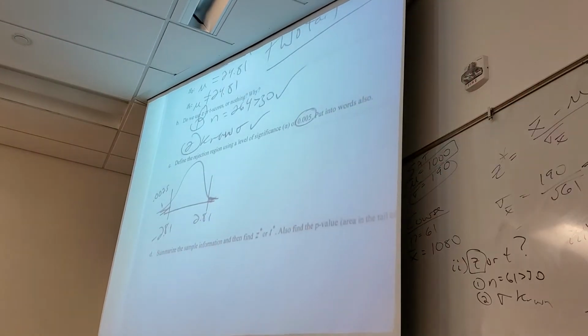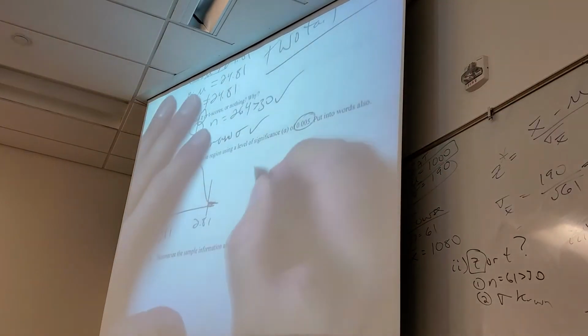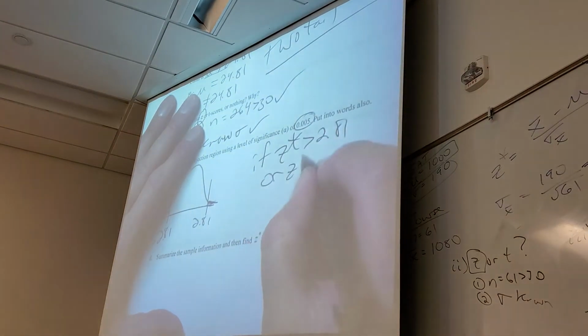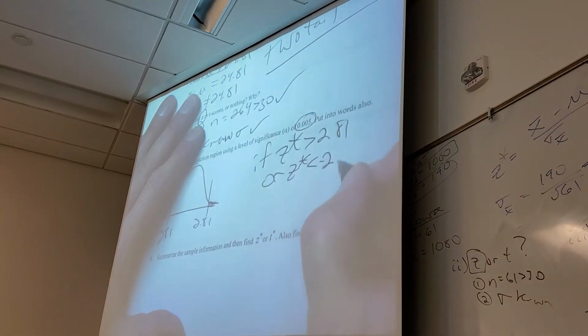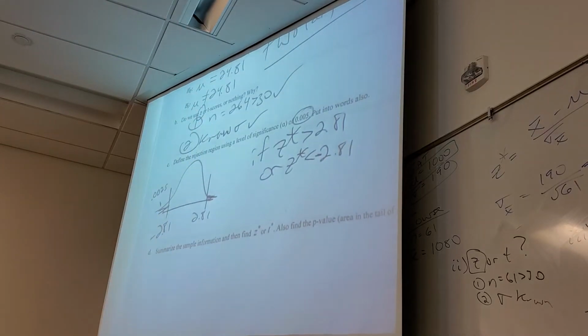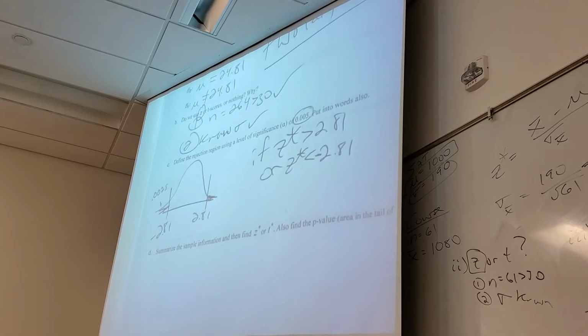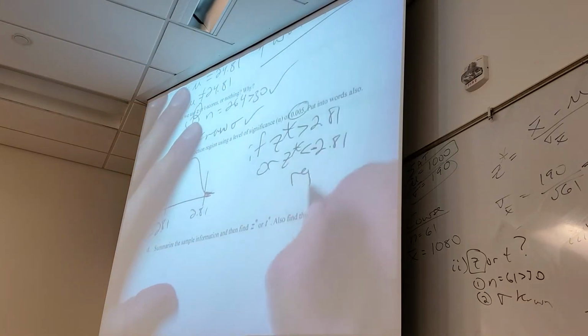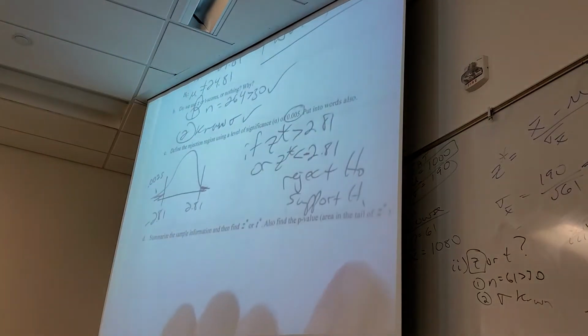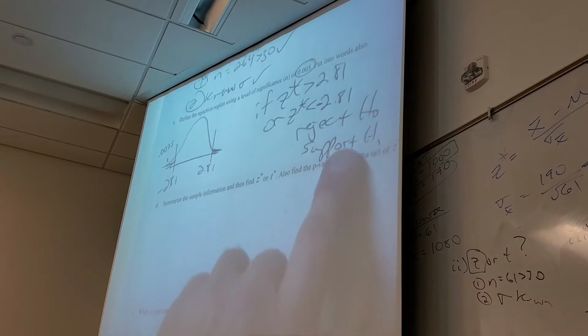So if z star is greater than 2.81 or z star is less than negative 2.81, what can we do then if that's true? Reject the null, support the H_a. Otherwise known as reject the H_0, support the H_a.